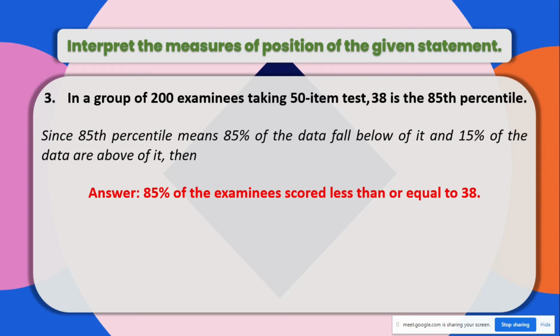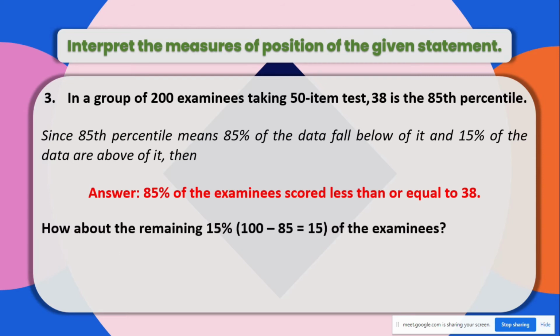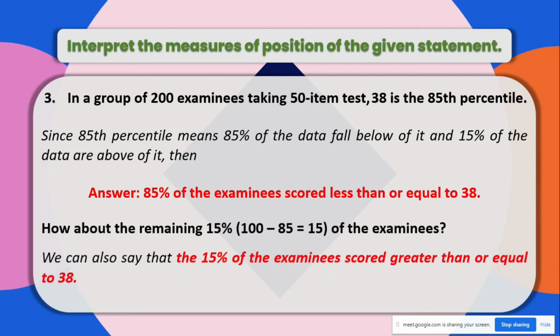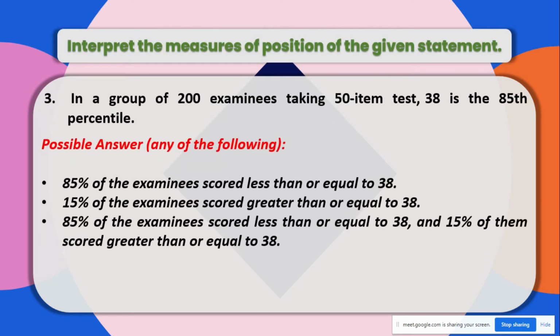So kung may 85% na mas less pa sa 38 or equal sa 38, in other words, there are 15% naman na examinees na nakascore ng mas malaki pa o pwedeng pareho sa 38. Okay, so to sum up, so this would be the possible answer.